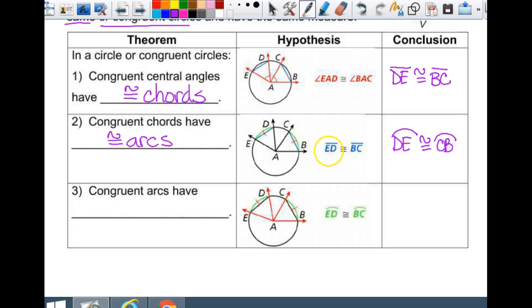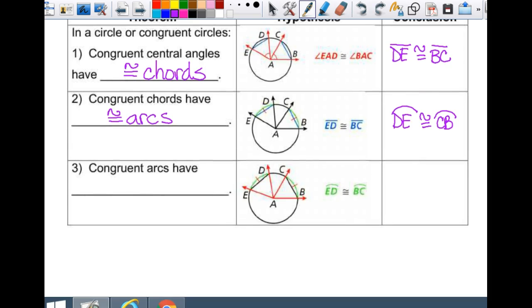This is talking about the chord, this is talking about the arc, so notation is important. Then, if I have congruent arcs, that means I have congruent central angles. So here they tell me the arcs are congruent, which tells me angle EAD is congruent to angle CAB.